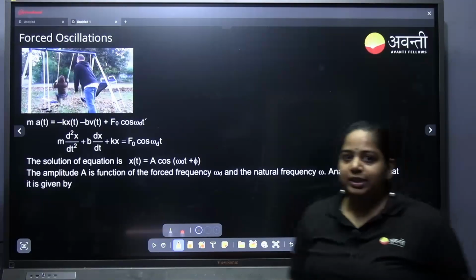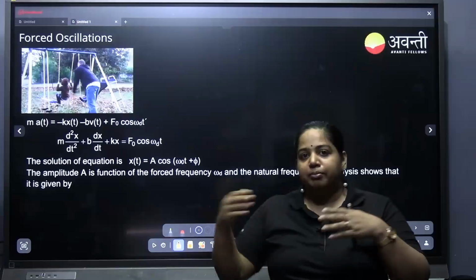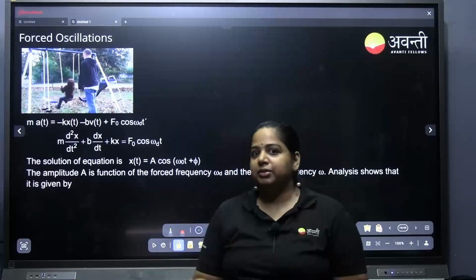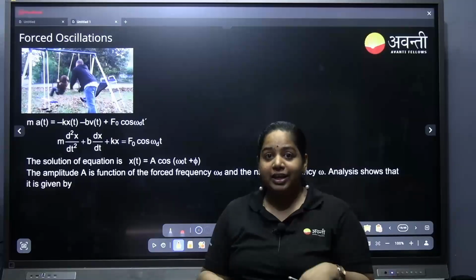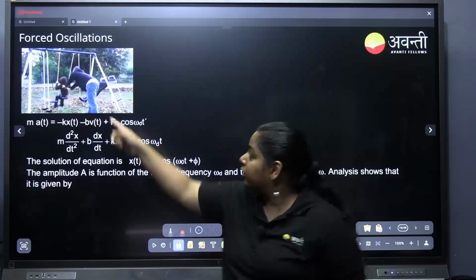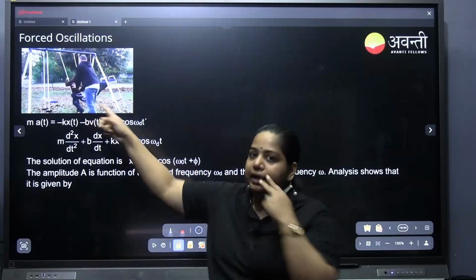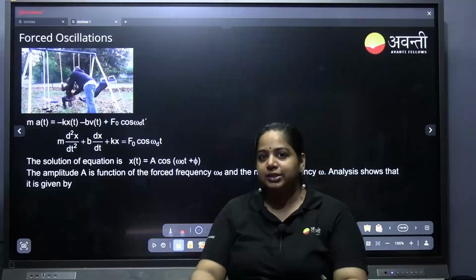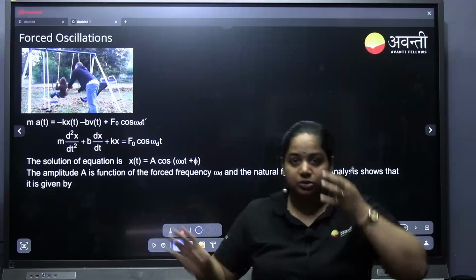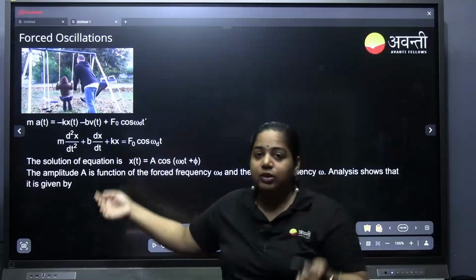Coming to forced oscillation: damping reduces the oscillation, right? If somebody is pushing you, you can maintain the oscillation, but it depends on the frequency of the force. For example, here he is not pushing the child exactly at the last point, he is pushing in between, so the oscillation will look different.